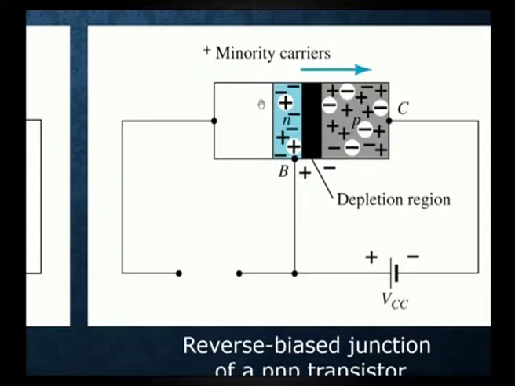The majority carriers that moved from P to N here become minority carriers, that is the holes in this N type material are minority carriers. This is the symbol showing the direction of movement of minority carriers. They move in this direction and the current flow is very low, too small, and we can say the NP junction here is in reverse biased condition.